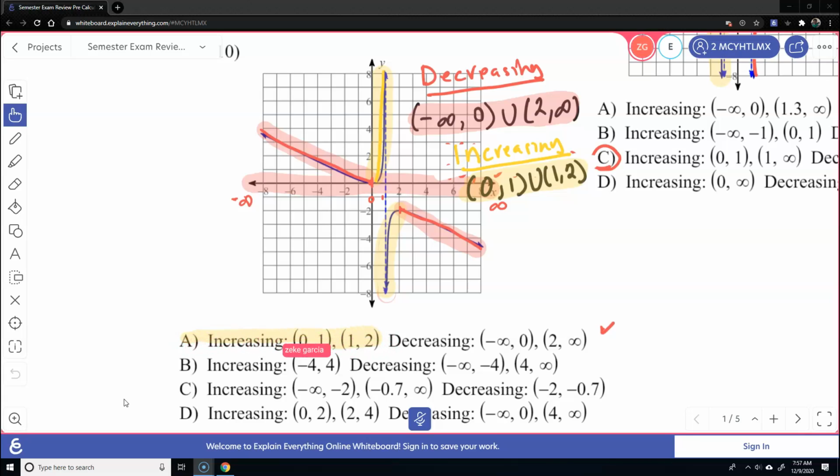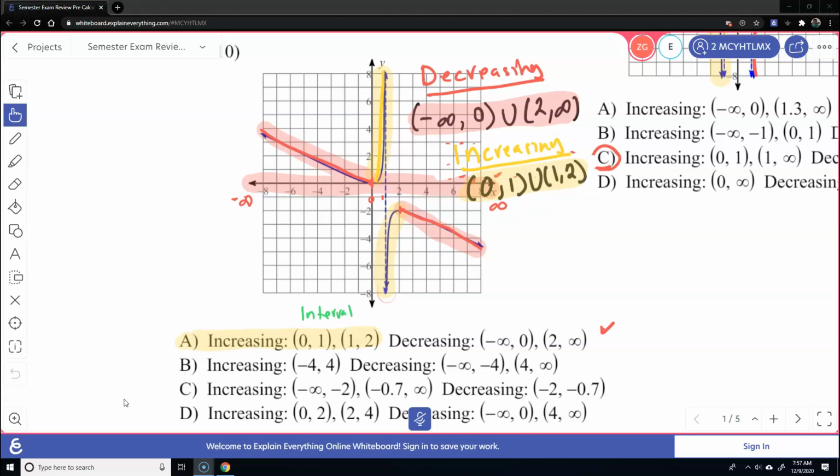Remember, these are not ordered pairs. Increasing from the interval, and I'm going to write that on top, interval from 0 to 1 and from 1 to 2.